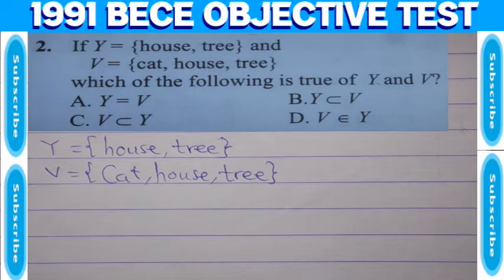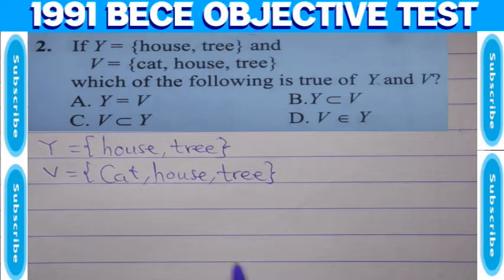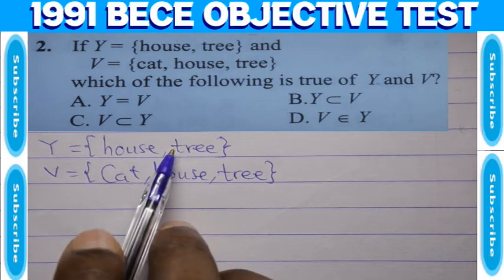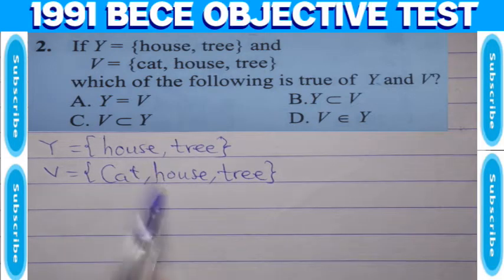The question says, which of the following is true of set Y and V? Just looking at this, the only thing I can say about these two sets is that all the members that are found in set Y are also present in set V.